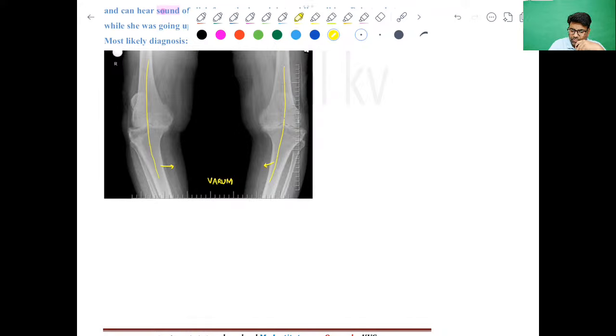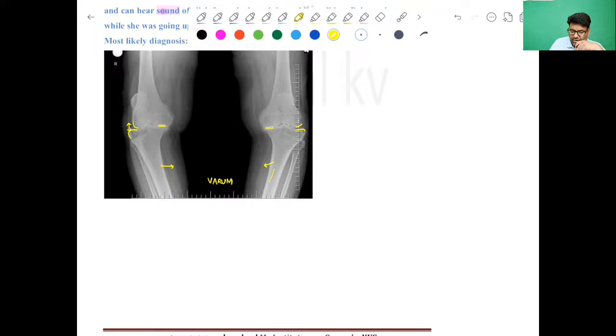And apart from this, what else can you see? Look at the knee joint proper, and in the knee joint we can see there is opening of the lateral compartment, right? So this is the lateral compartment opening, and there is narrowing of the medial compartment. Similarly, you can see the medial condyles of the femur and the tibia are almost touching each other, and on the lateral side there is slight opening up, right?